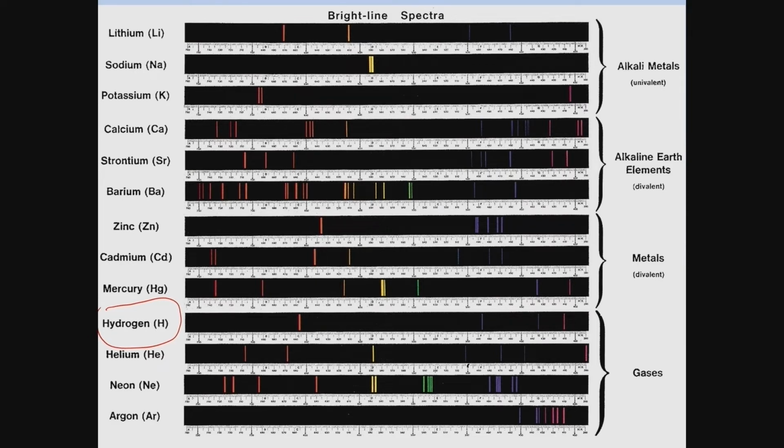But you can see that other elements produce completely different kinds of spectrum. Let's pay attention to sodium here. Sodium is very interesting. You have some lines, but there are two major lines that appear in the orange-yellow portion of the spectrum. Now, we can relate this to something that we see in everyday life.